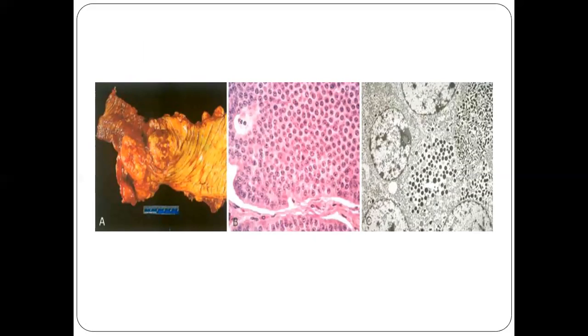So these are the gross, microscopic and electron microscopic appearances of carcinoid tumors. This is the intestine. There is a polypoidal mass in the lumen of the intestine, and this is the microscopy, H&E stain. There are sheets of uniform cells with stippled chromatin.